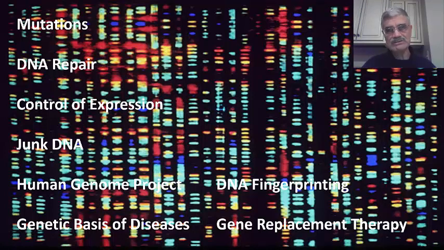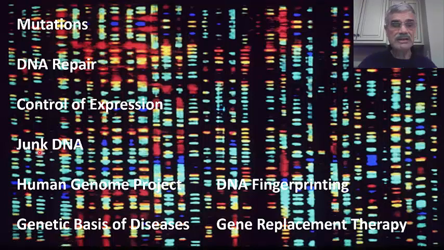That project was initiated around 1990, and it was thought at the time that this might take forever, but in about 12 years, they successfully sequenced the entire human genome. It's one of the great success stories in science.